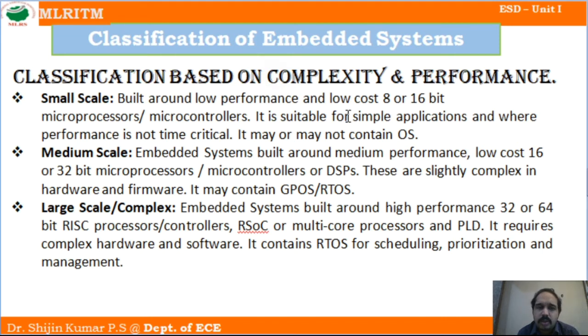It is a low cost, low performance embedded system which is small in size. The size is very small. It is built around an 8 or 16-bit microprocessor or microcontroller. So it is suitable for simple applications where the performance is not time critical.